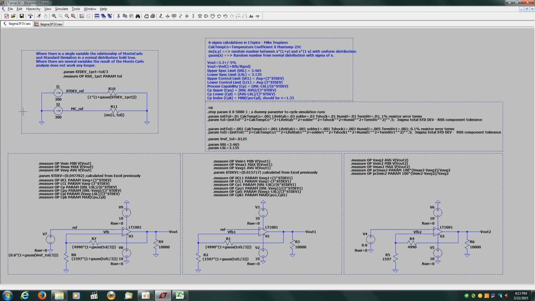So that's why that is there, just to prove to myself that LTSpice did a good job of generating the numbers for these functions, and that I did in fact understand this relationship correctly.